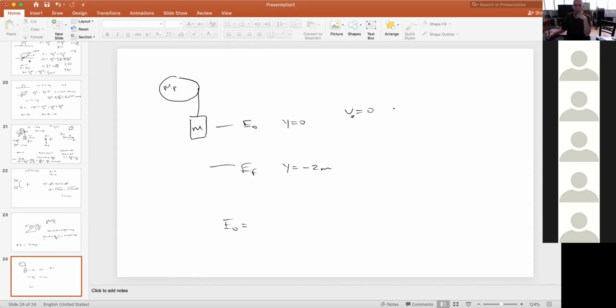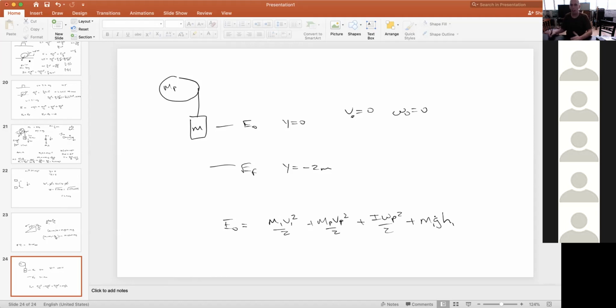So V initial is 0 and omega initial is 0. The initial energy, we would write M1 V1 squared over 2 plus M pulley V pulley squared over 2 plus I omega pulley squared over 2. There's M G H1. So the pulley can't move.